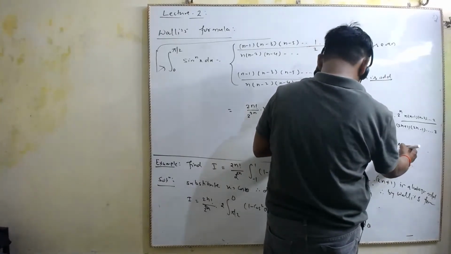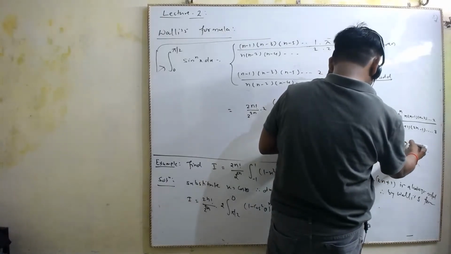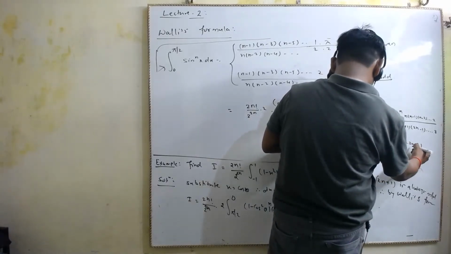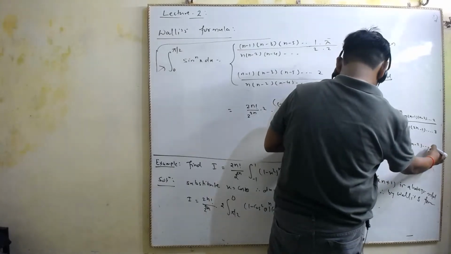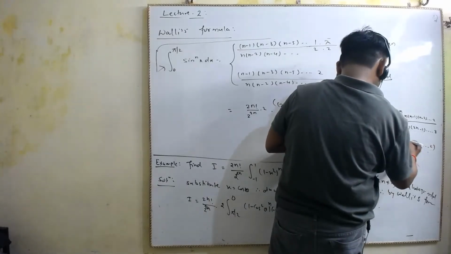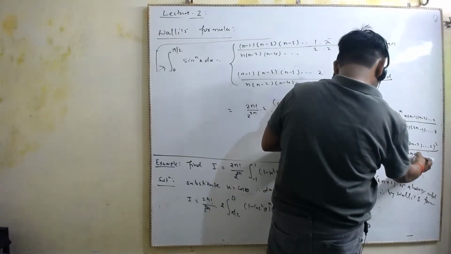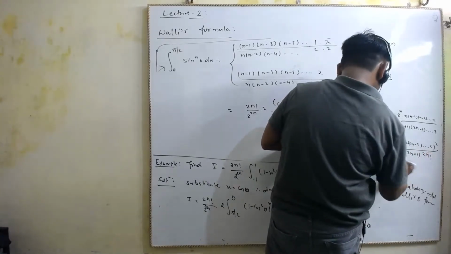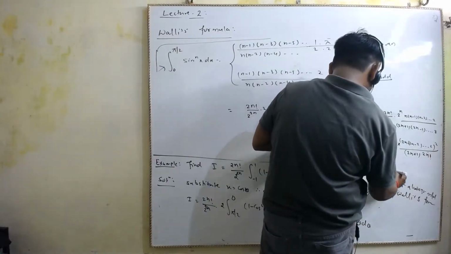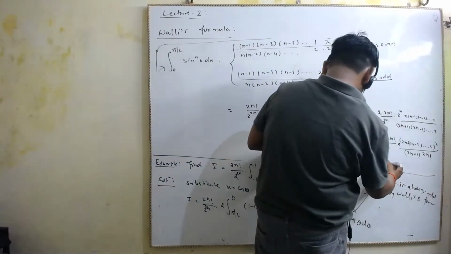just give me 1 minute, this will be a problem, 2n minus 2 up to 2, its whole square, divided by 2n plus 1 into, I'm just doing the management of the terms, nothing else here.